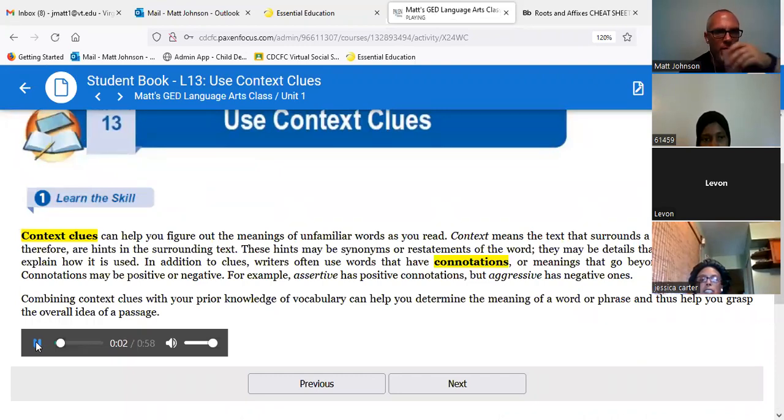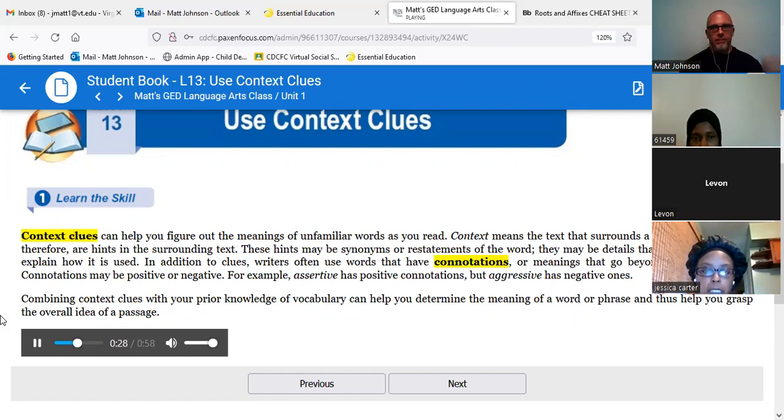Context clues can help you figure out the meanings of unfamiliar words as you read. By the way, can everybody hear that? Okay. Yeah, okay. Context means the text that surrounds a word. Context clues, therefore, are hints in the surrounding text. These hints may be synonyms or restatements of the word. They may be details that define the word or explain how it is used.